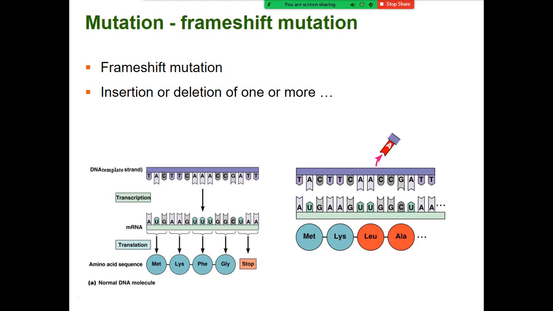But after that, you have the codons still coding for the same amino acids in the protein. And that's why if you have a mutation that removes a multiple of 3 or adds a multiple of 3 bases, it's not a frame shift. And I don't know what it's called, but it's a multiple of 3 bases.